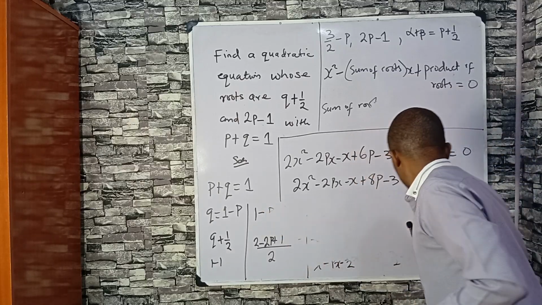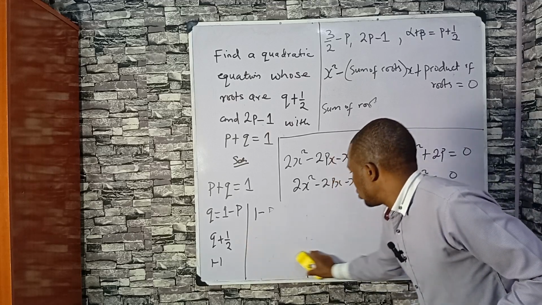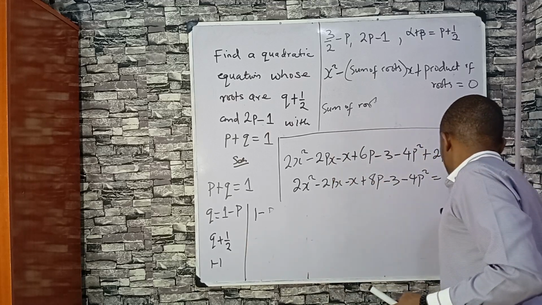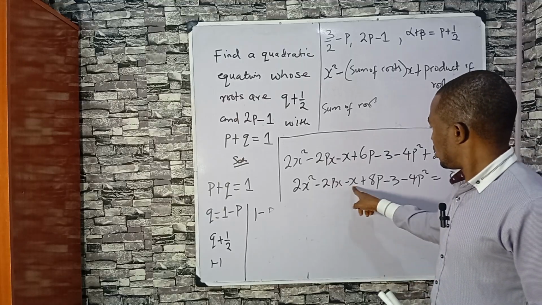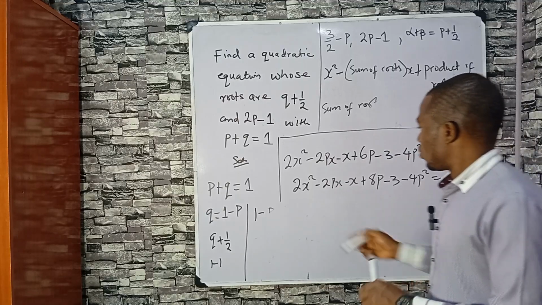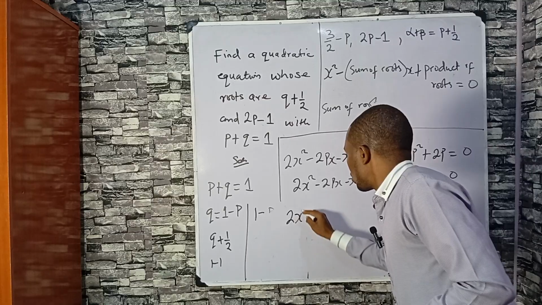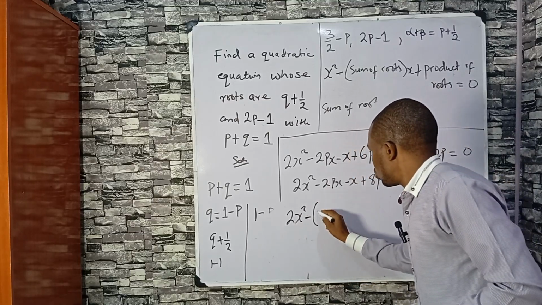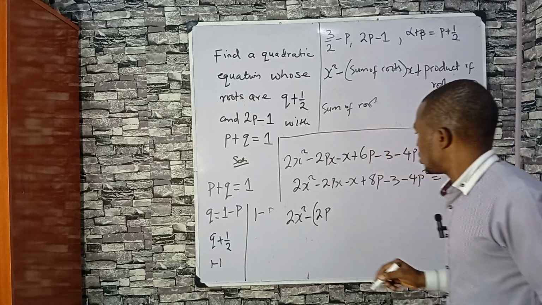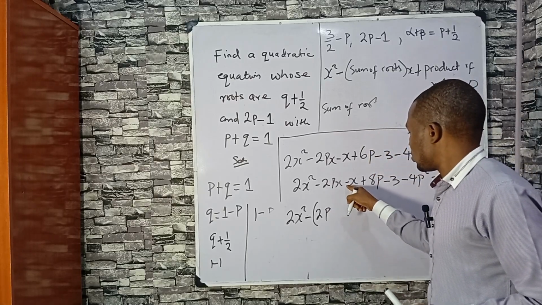You can still proceed to collect, to make sure x terms are collected at one location. So you can do something further. 2x squared minus, I'm going to group this, 2p, but look at something here, because the x here is minus.